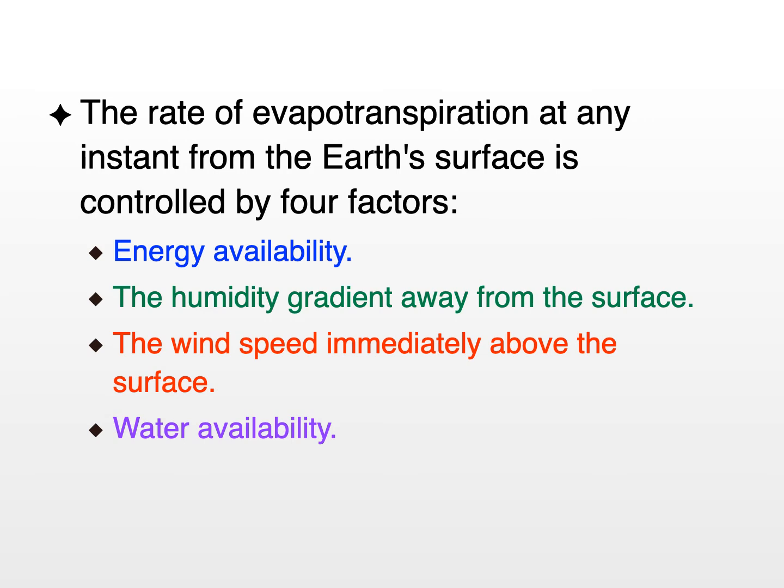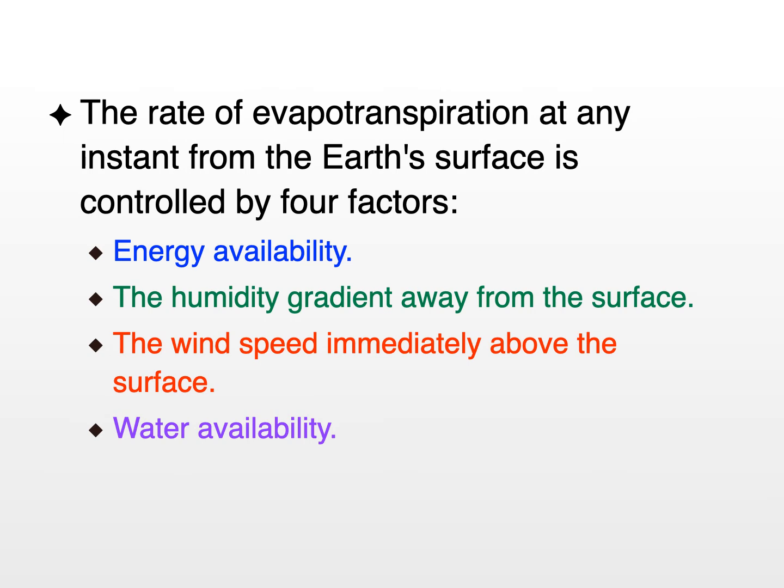The rate of evapotranspiration at any instance from the Earth's surface is controlled by 4 factors. The amount of energy to convert solid water to liquid and liquid to gas requires a lot of energy. We need a humidity gradient away from the surface. Humidity needs to be low in the atmosphere in order for it to receive moisture.